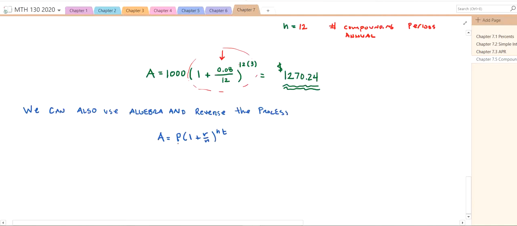If we have the final amount but we're missing our principal, we can always do some algebra here and solve for P. We could say that P equals A over 1 plus r over n to the nt.